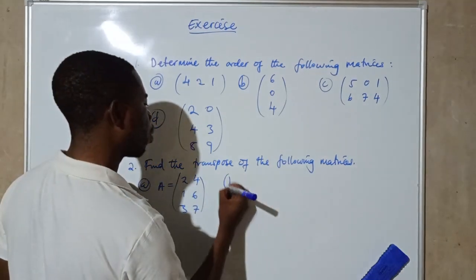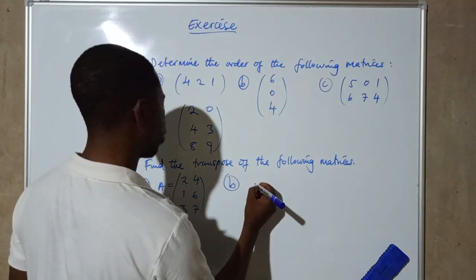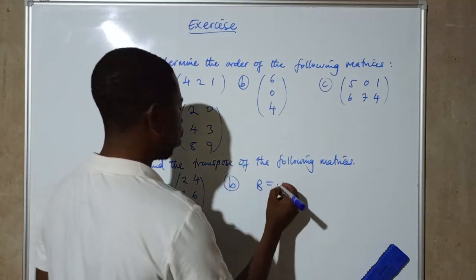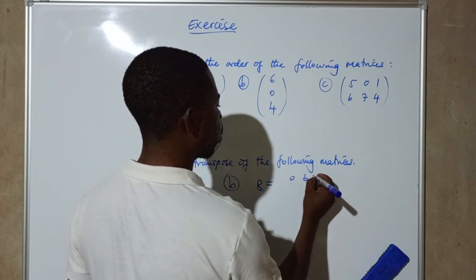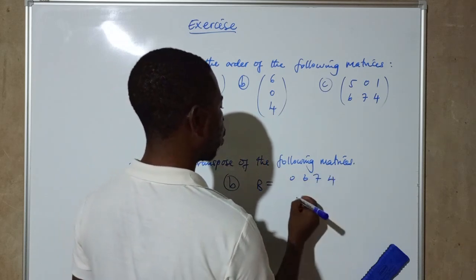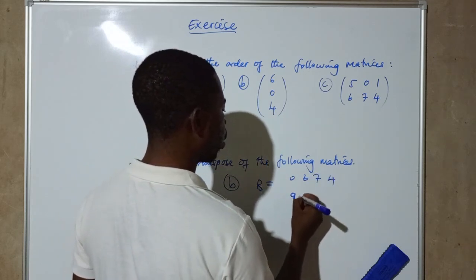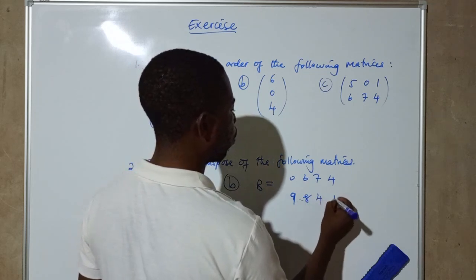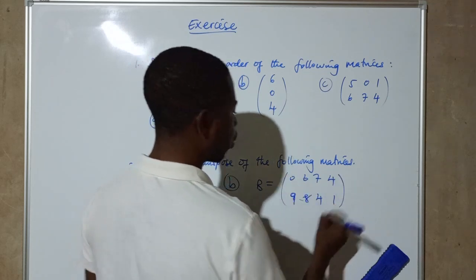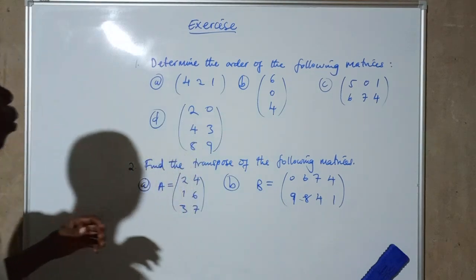Then B, I have this matrix which is 0, 6, 7, 4, then 9, then 8, 4, 1. Okay, so we only have that.